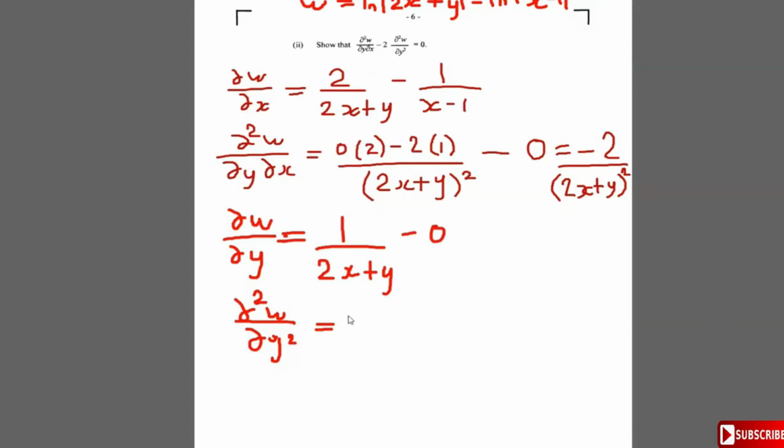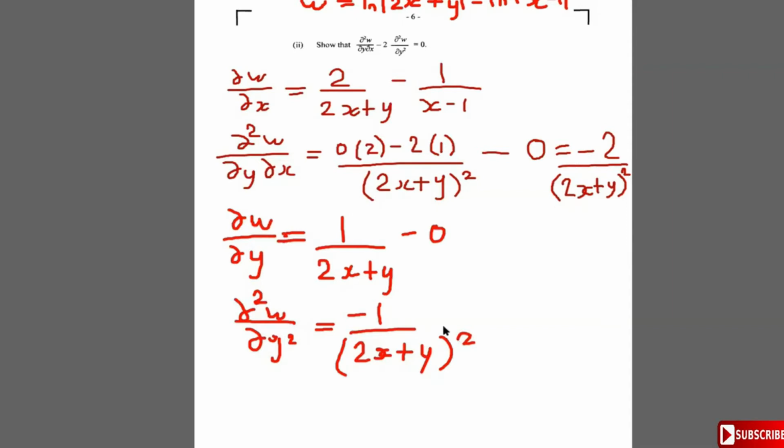So it would just become minus 1, carry down the power, subtract 1 from the power. So it's going to be minus 1 over 2x plus y all squared.